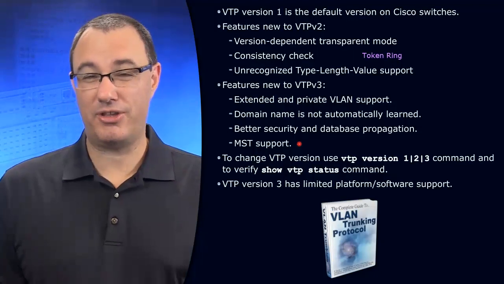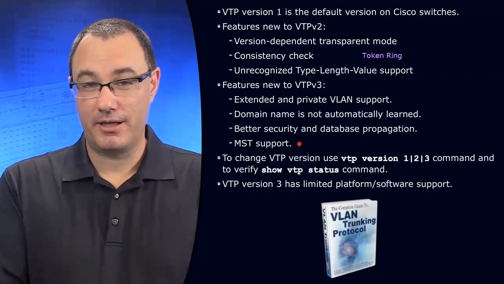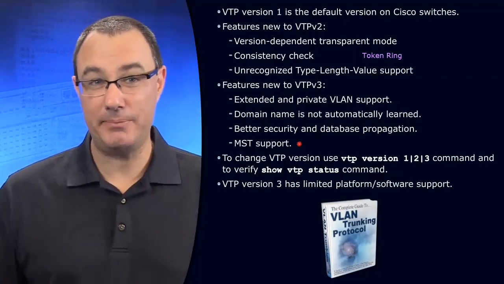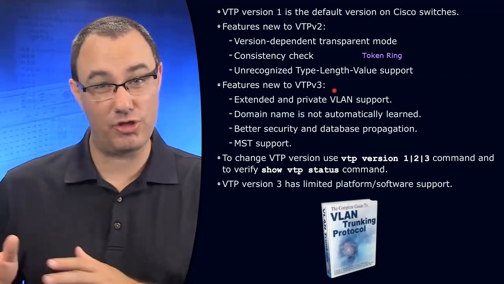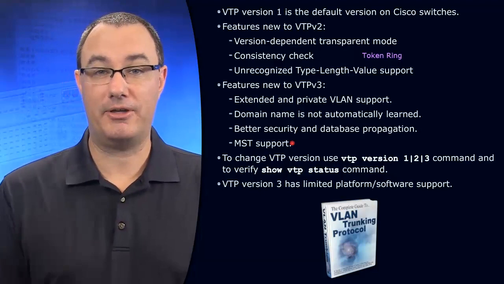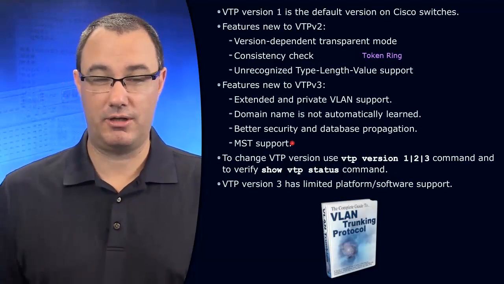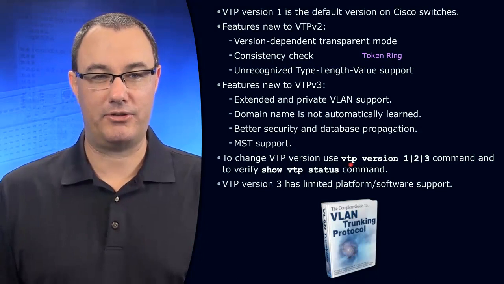So maybe you're thinking, maybe I want to switch to MST. How do I do that best? Well, maybe it's moving to VTP and turning VTP v3 on in order to make your life easier for MST. That's a huge deal. I mean, these are all big deals. Wow, even I'm excited about it.